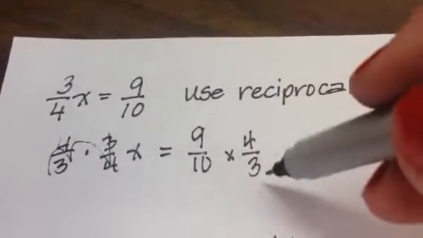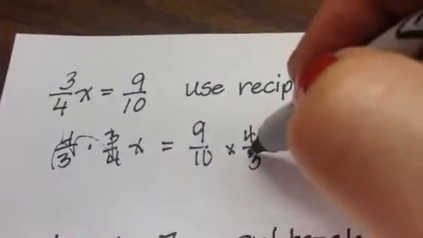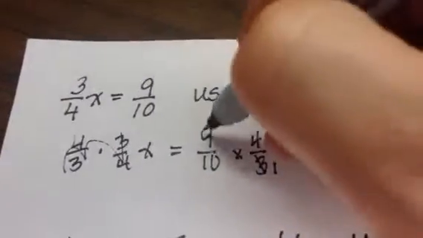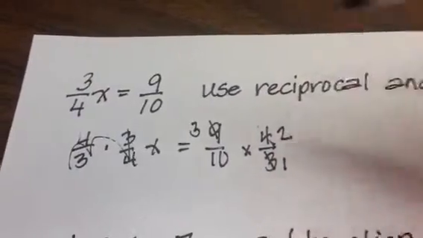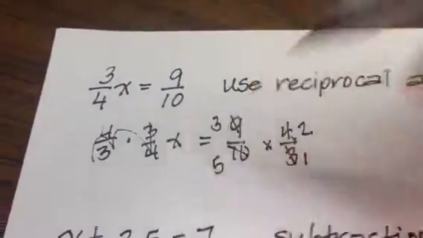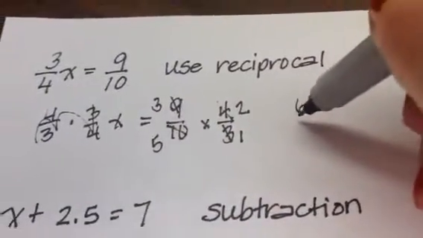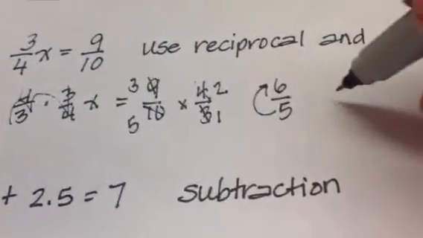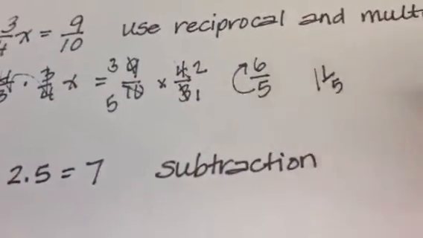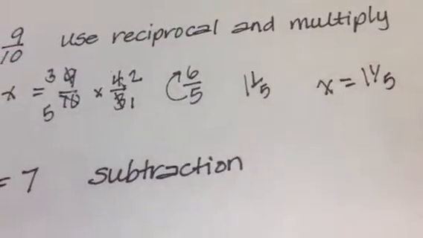Can I cross cancel? Always ask yourself that. And, oh, this problem I can. 3 goes into itself once, 3 goes into 9 3 times, 2 can go into 4 twice, and 2 can go into 10 5 times. Now I'm going to multiply across. I'm going to get 6 over 5. I'm going to divide 5 into 6, make it a mixed number, which will be 1 1/5. So x equals 1 1/5.